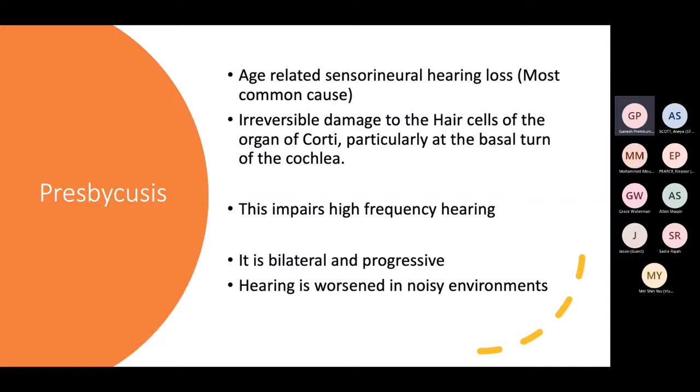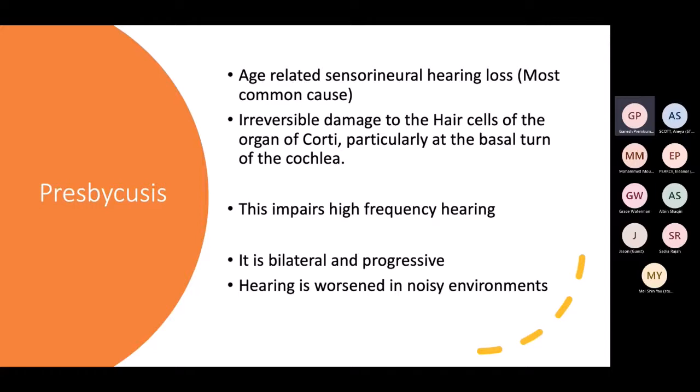If you're increasing the amount of vibration and sound coming through the air, as you would in a noisy environment, the hair follicles can't translate as efficiently because there's a lot more vibration going on. And the auditory nerve, if there's a problem there, is getting a lot of signals fed into it, so it's harder to distinguish sounds as well. So that's why hearing is worsened in noisy environments.